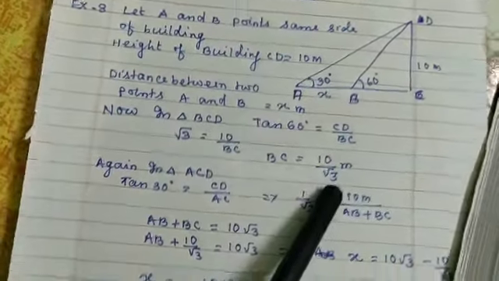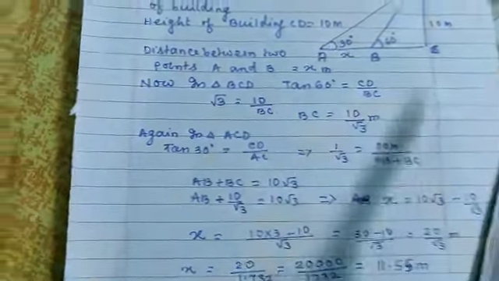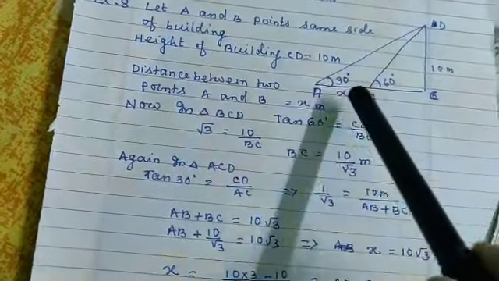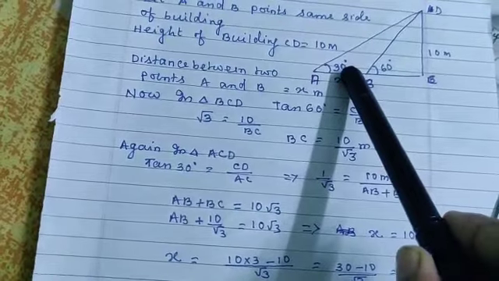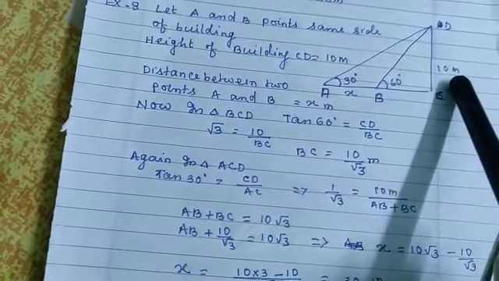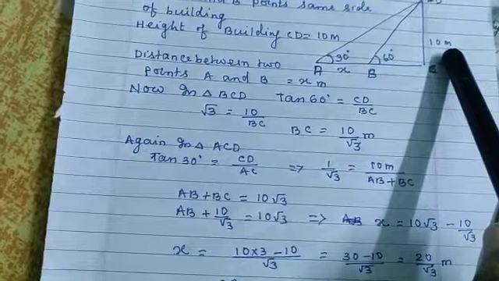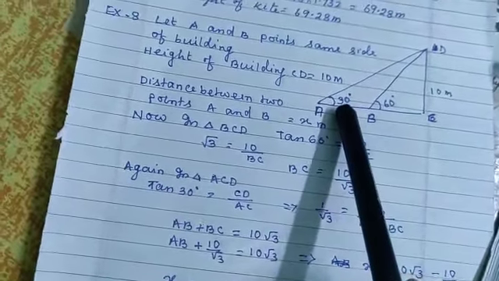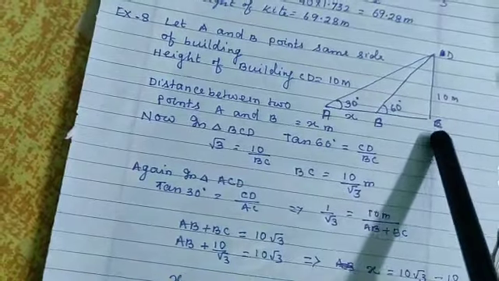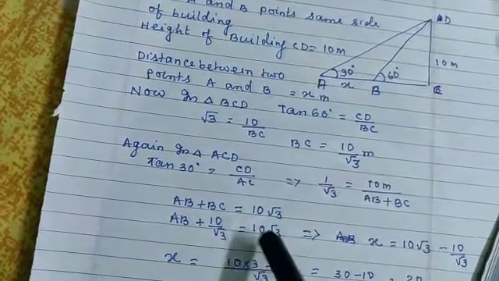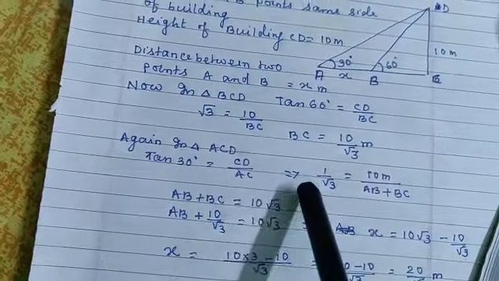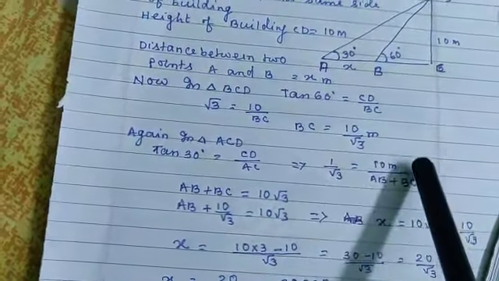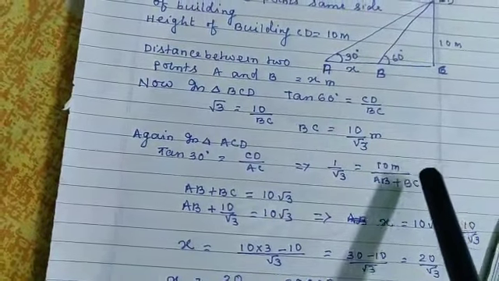Now again we will take another triangle, ACD. The angle of elevation is 30 degrees. Height is 10 meters. Therefore tan 30 degrees is equal to CD by AC. Now tan 30 is equal to 1 by root 3 and CD is equal to 10 meters.